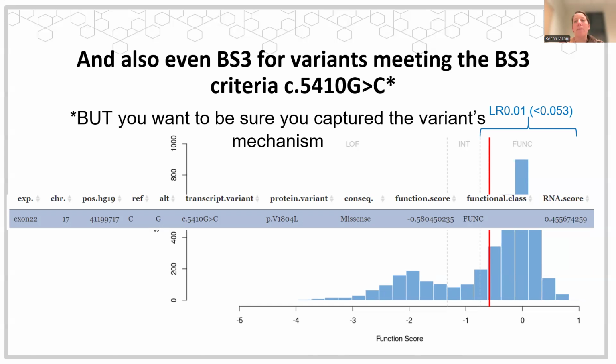So you can apply benign evidence in the case of an assay that you've evaluated to be sufficiently predictive to do so. You do specifically want to be careful that you've captured the variant's mechanism, though, if you're inferring that this variant is still functional and therefore eligible for benign evidence.